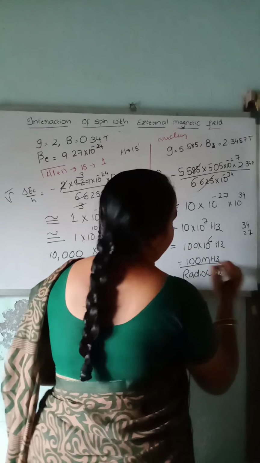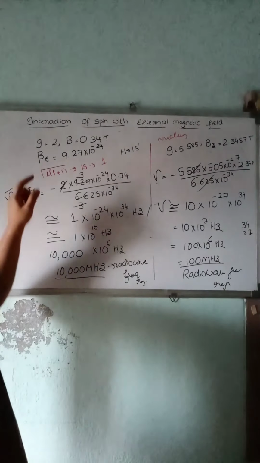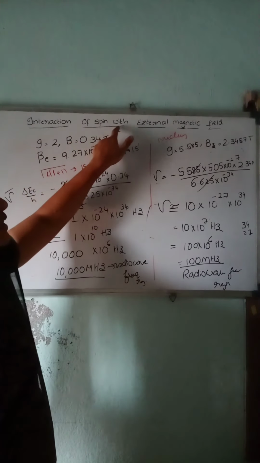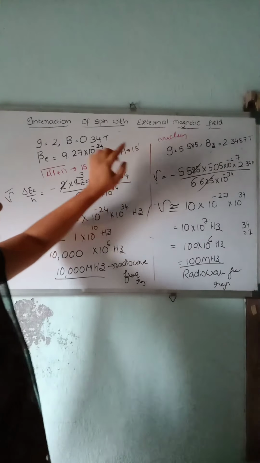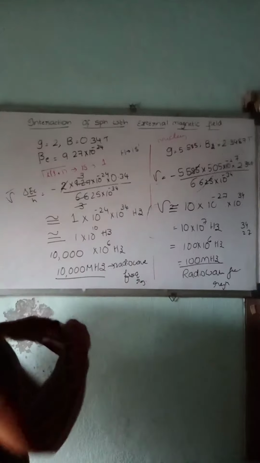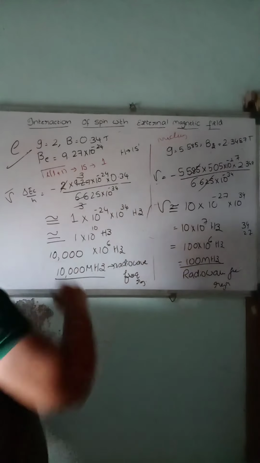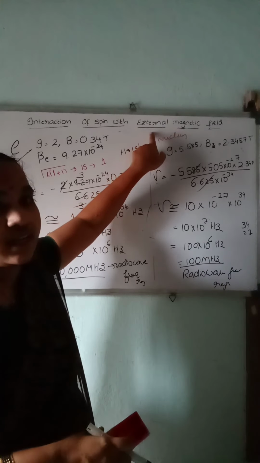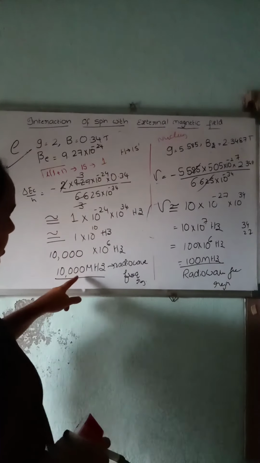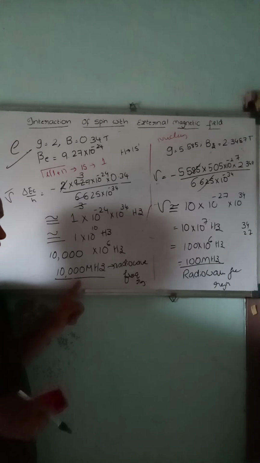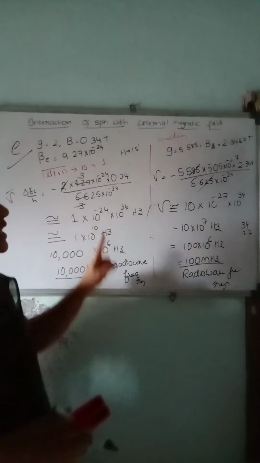Right. What is our heading? Interaction of spin with external magnetic field. The spinning electron in the presence of an external magnetic field will spin with a frequency of 10,000 megahertz, which is in the radio wave region.